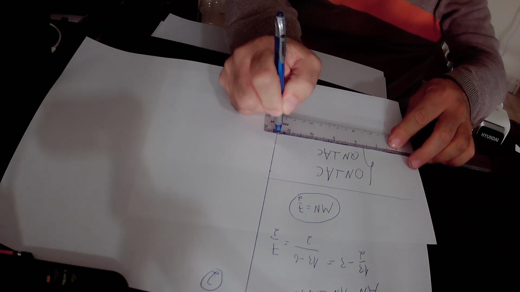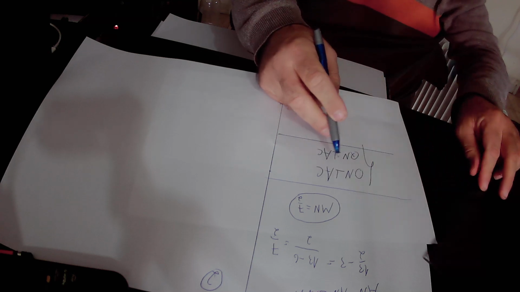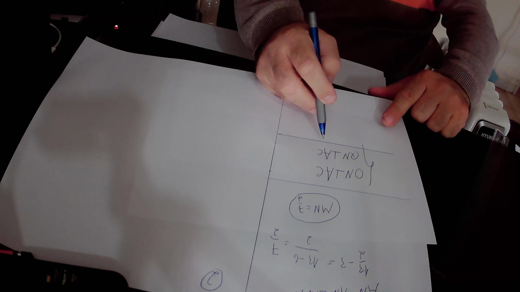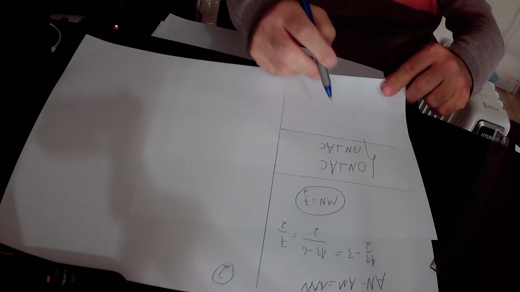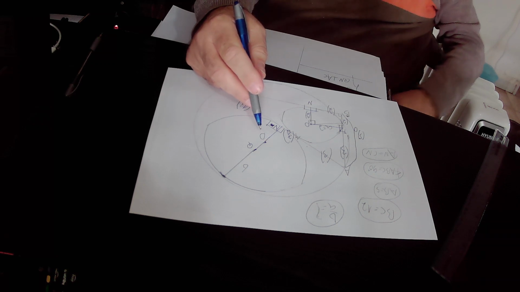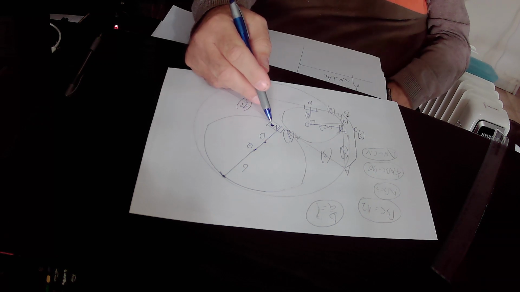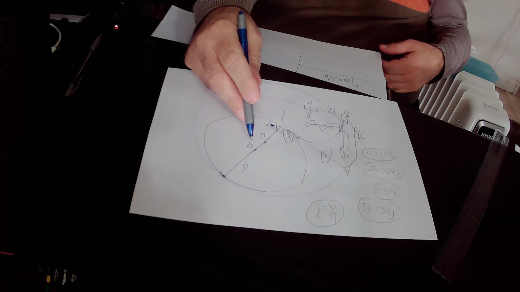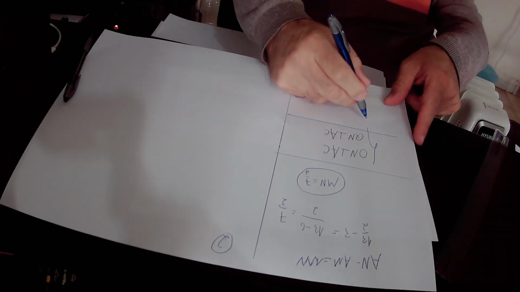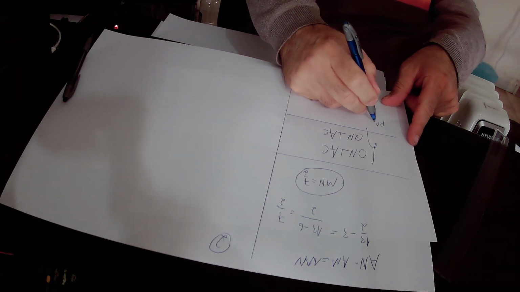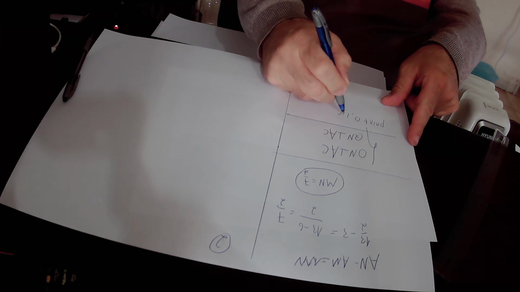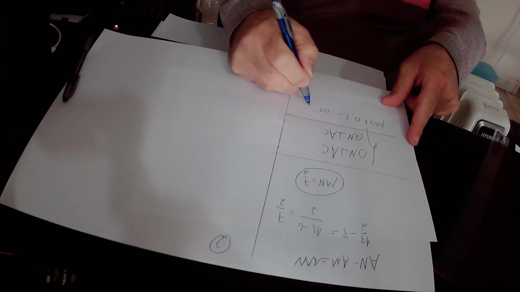And from those two equations, ON is perpendicular to AC and QN is perpendicular to AC, we will derive that point O must lie on the radius QN. Okay? Point O, that is the center of the biggest circle, lies on the radius QN.